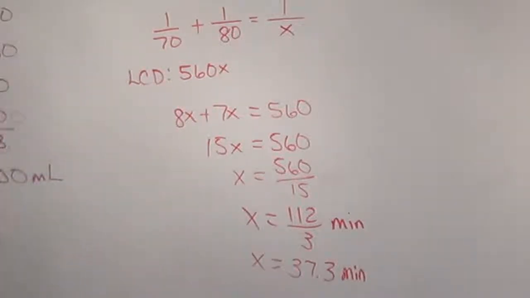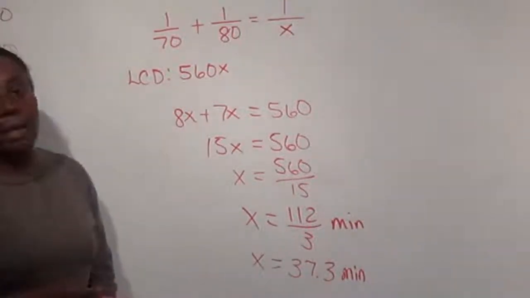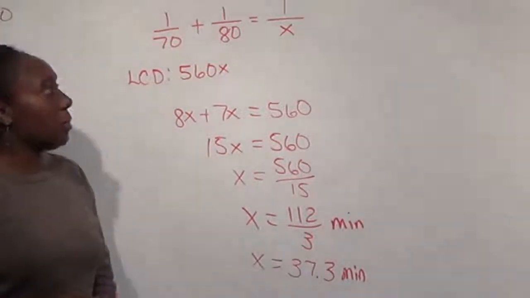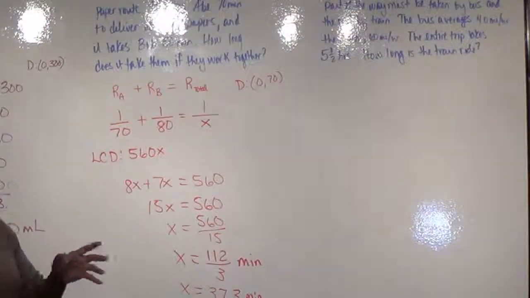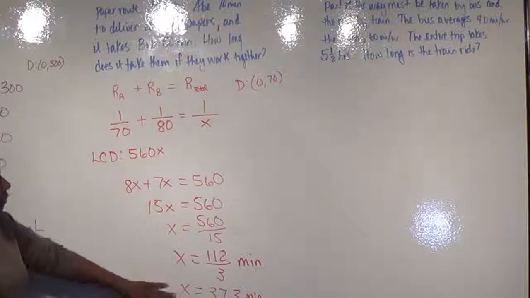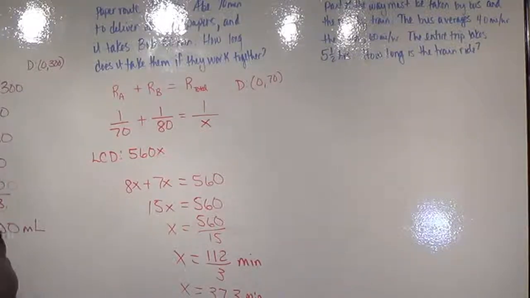Okay? So it's a little more than half the time it takes Abe by himself, which seems about right. Their rates are not too different, so working together, it should be almost half the time. So there's our rate.